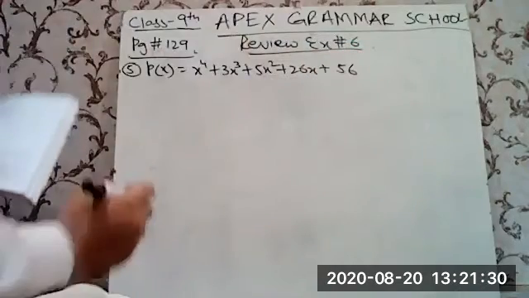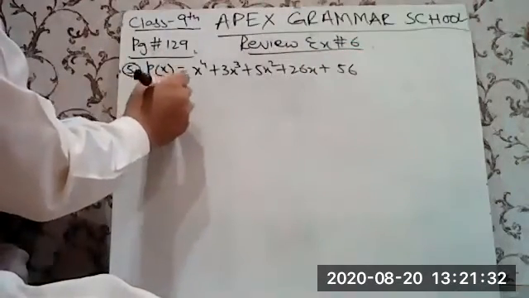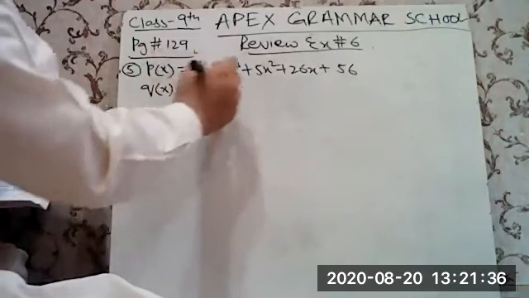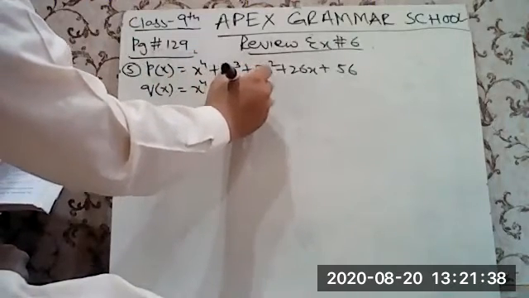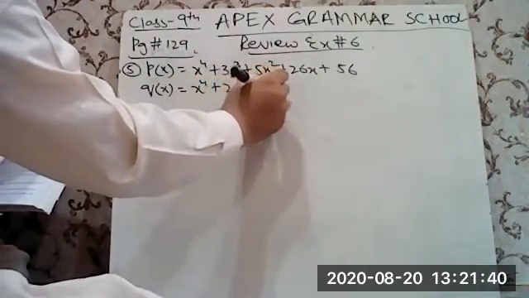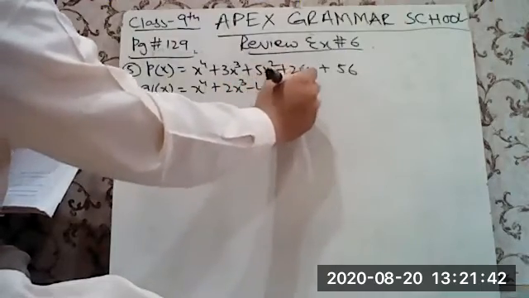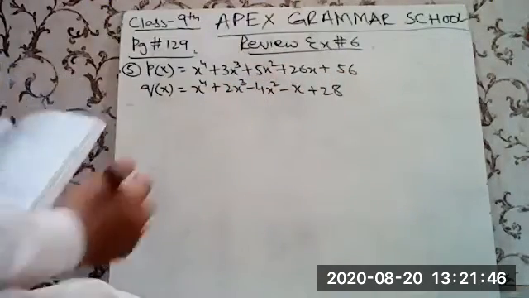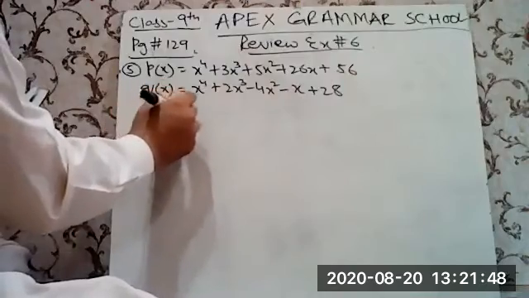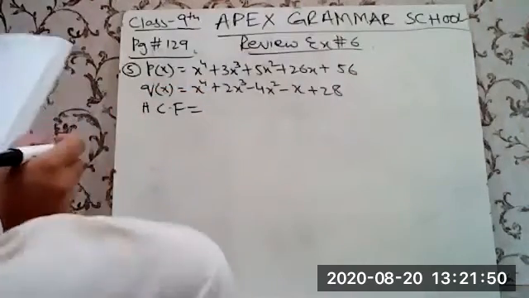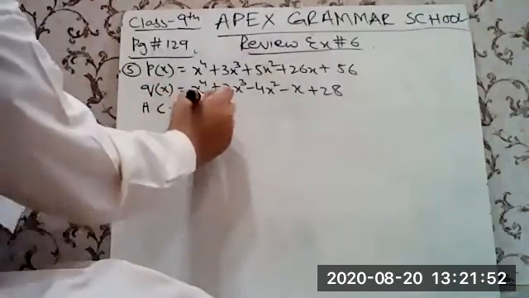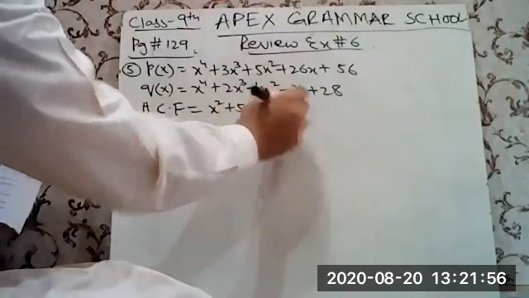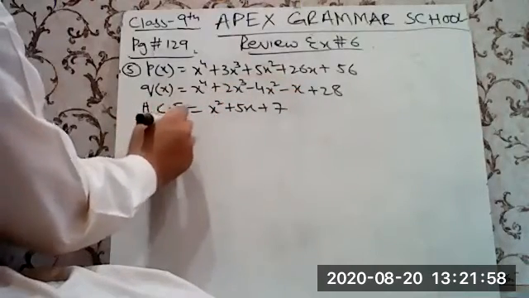The second polynomial is x raised to the power 4 plus 2x cubed minus 4x squared minus x plus 28. And then the HCF is x squared plus 5x plus 7, and then find the LCM.